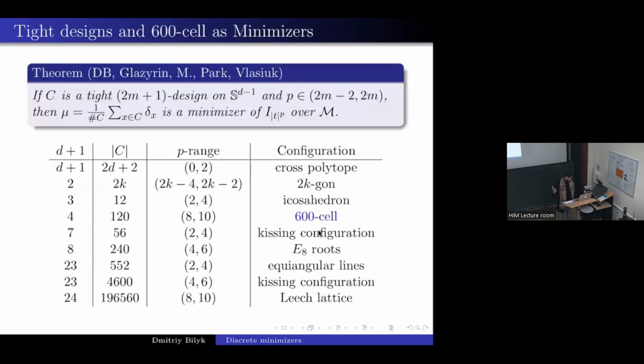Here is a list of the known tight designs, and this one is not, but almost is, but it required a separate proof. We also had to do a computer-assisted proof using interval arithmetic.